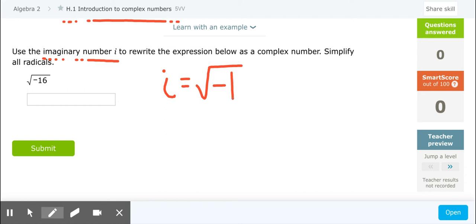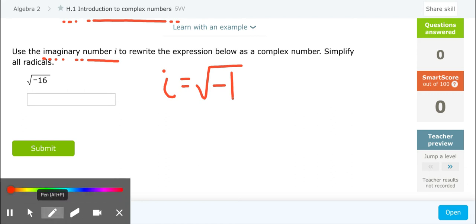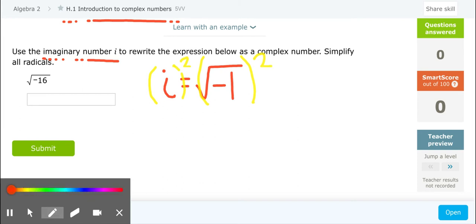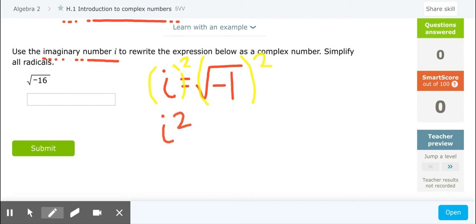So the whole premise of this activity comes from the idea that i is equal to the square root of -1. Come a step further with me and let's think about what would happen if we took both sides of this equation and squared both sides. Well, i to the power of 2 would just be i squared.